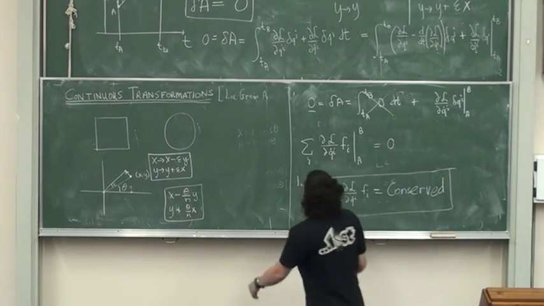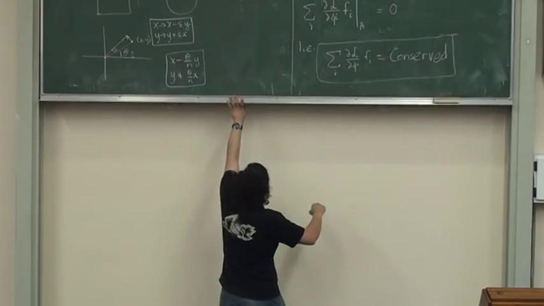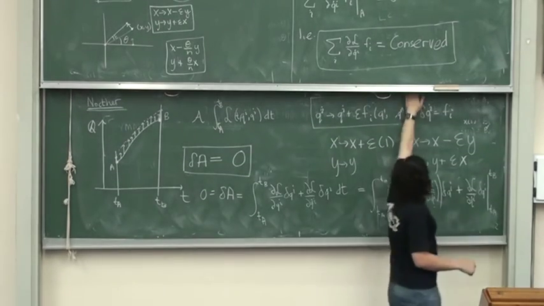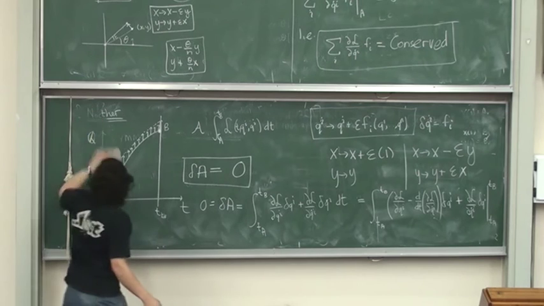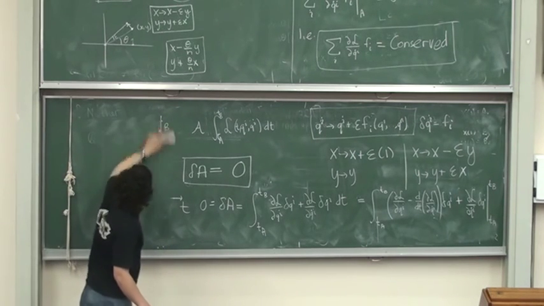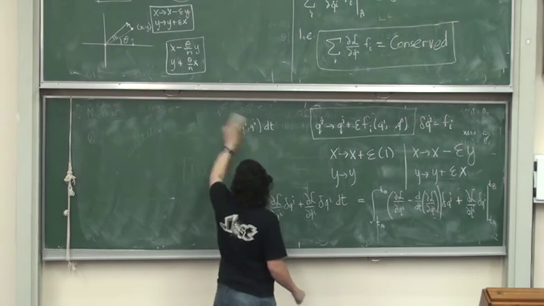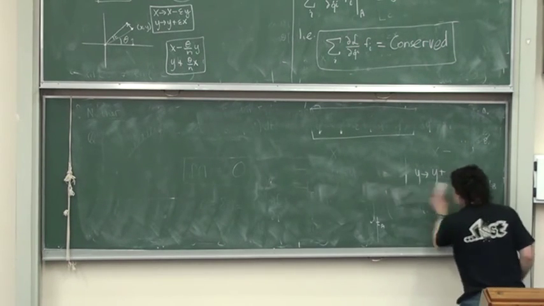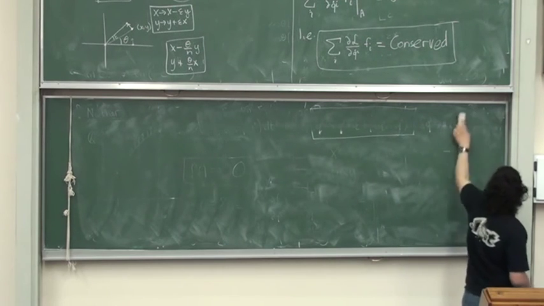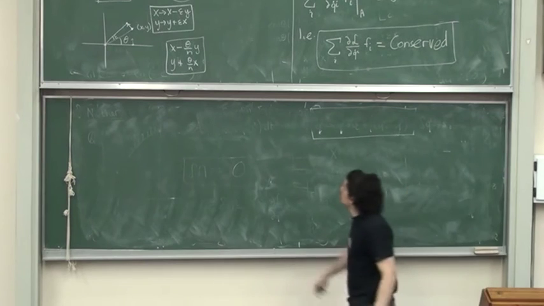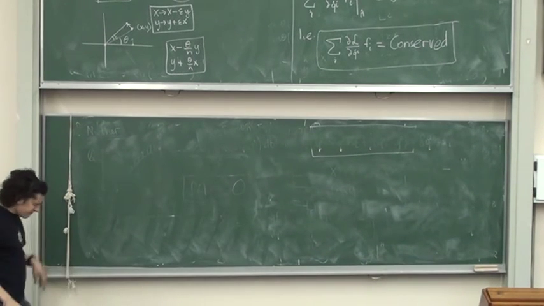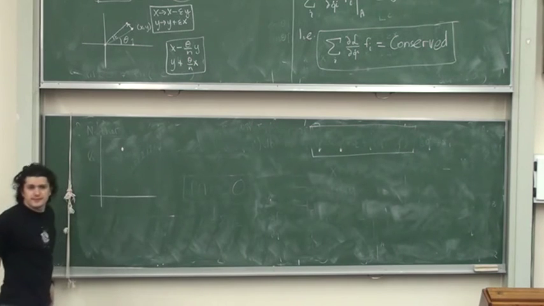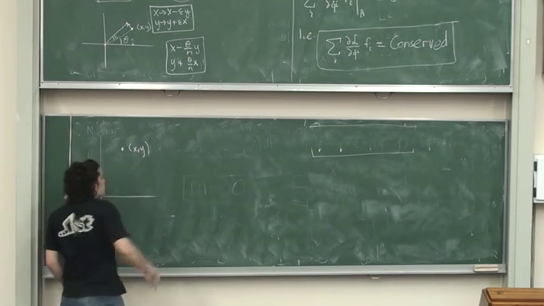So let's look at a particle in free space. For a particle moving around in free space, it's got coordinates x and y, the generalized coordinates.